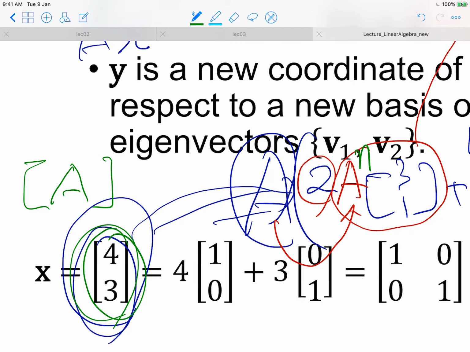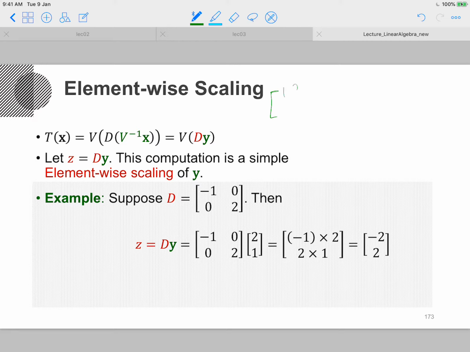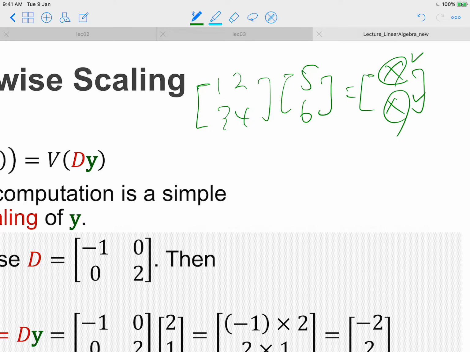And also, like in this case where 1, 2, 3, 4 and 5, 6, and then we have these two resulting elements in our resulting vector, each of these two values is actually a mixture of these two numbers. I mean, those two elements will be mixed together to generate the first element and second element in this matrix vector multiplication, right?